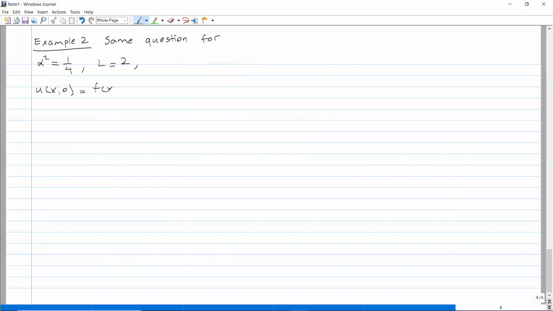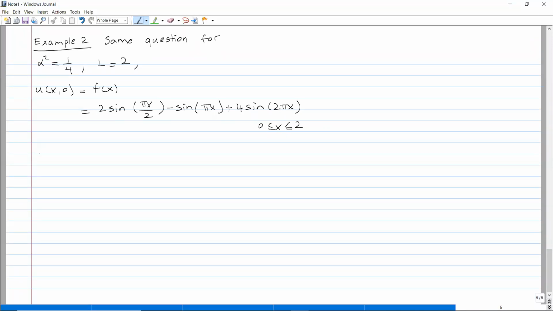The function f of x is given by 2 sine pi x over 2 minus sine pi x plus 4 sine 2 pi x for x between 0 and 2.